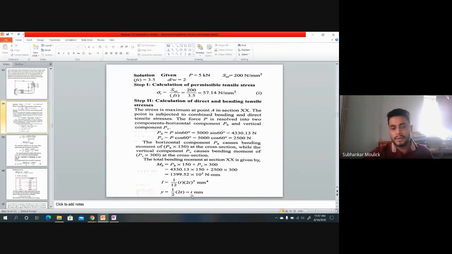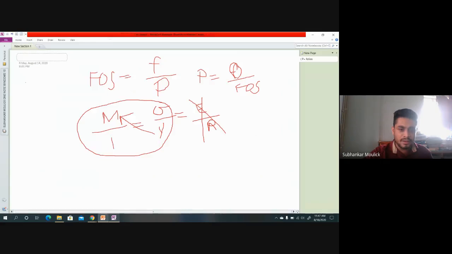Okay, now since I got the value of I, the value of Y and MB, I will substitute all these values in this equation. Sigma is equal to M into Y by I, and I will find the overall bending stress in the problem.